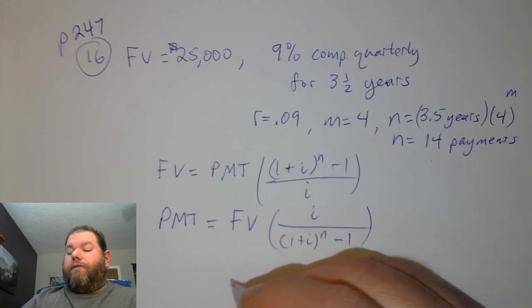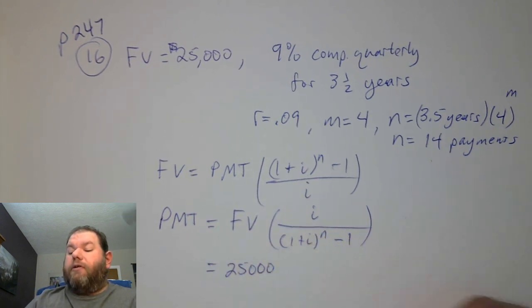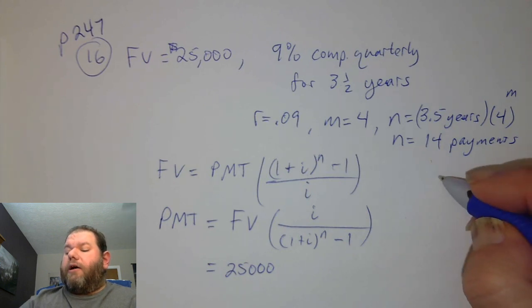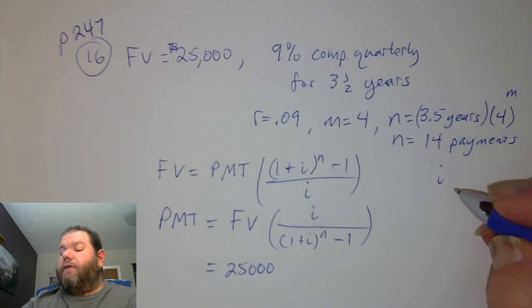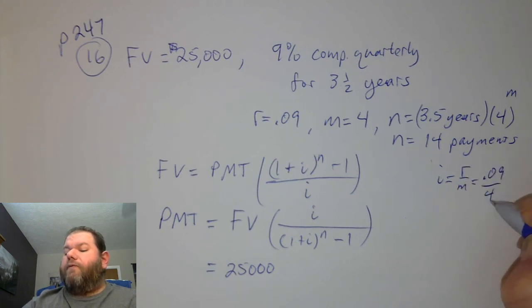Alright, so our future value we know is 25,000. Now I, in this case, is R divided by M. So 0.09 divided by 4. So that's 0.0225.